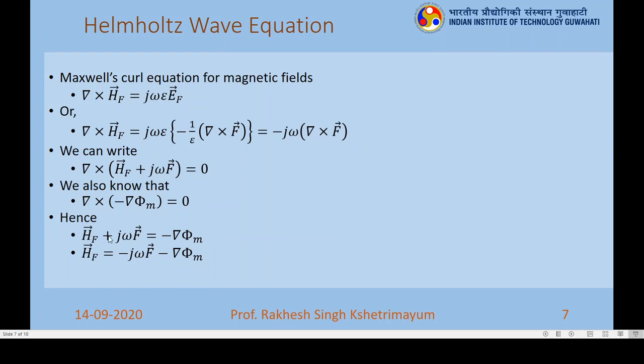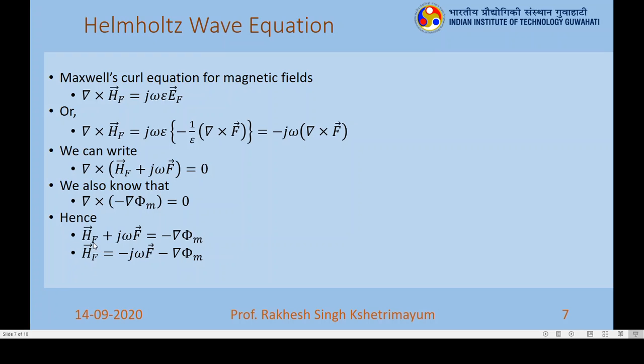This expression is very similar to the expression we have for the electric field due to the vector A. The electric field due to vector A was minus j omega A minus del of phi E. Here I am finding the magnetic field, so I should have minus j omega F minus del phi M. So the relations are very much the same.